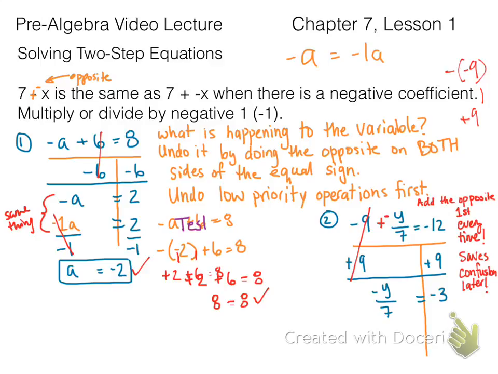Right. So now here's the thing. We added the opposite to that y over 7. The thing is that I could technically put this negative on the 7. It doesn't matter where it goes, because remember what I said earlier? If I have -1/2, it's the same as -1 over 2 or 1 over -2.